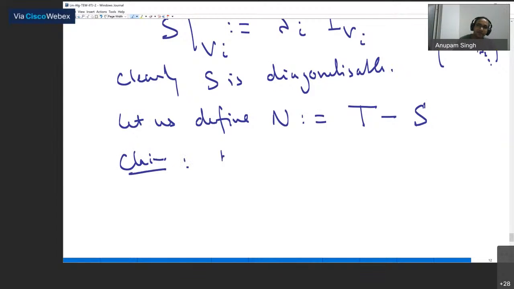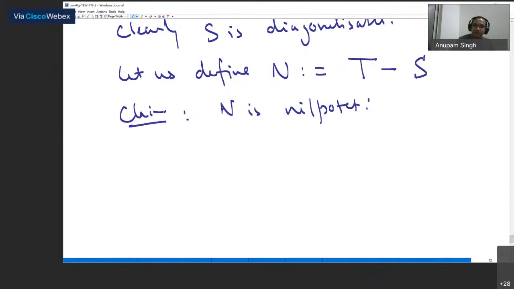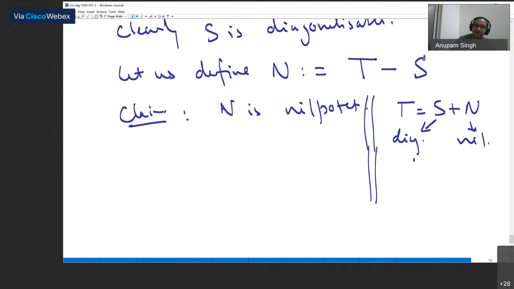So claim: N is nilpotent. Once I prove this claim, I already have T is S plus N, with S diagonalizable and N nilpotent. And you can also see that S times N is N times S.